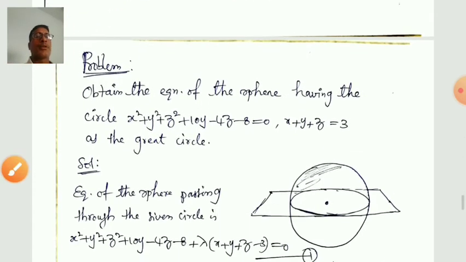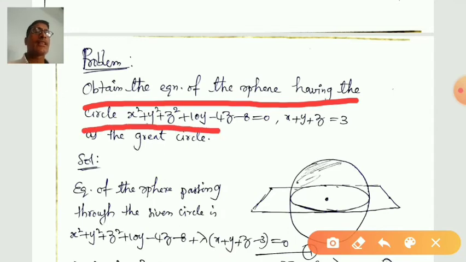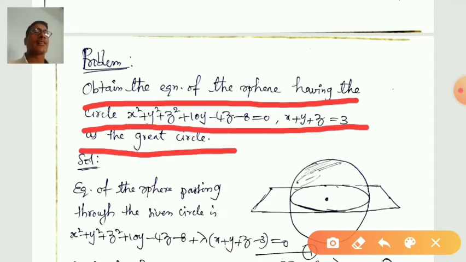See this problem. Obtain the equation of the sphere having this circle as a great circle. So what is a great circle? Here you are given two equations: one is S is equal to 0 and another one is U is equal to 0.